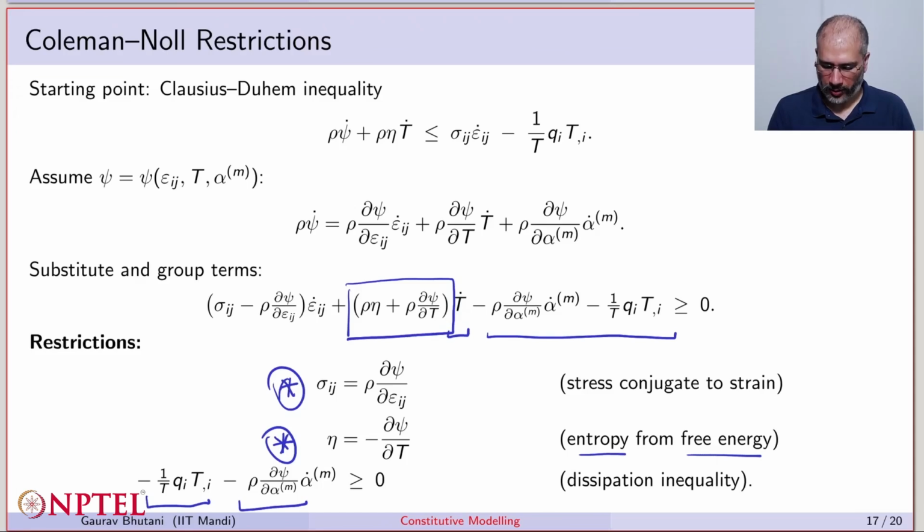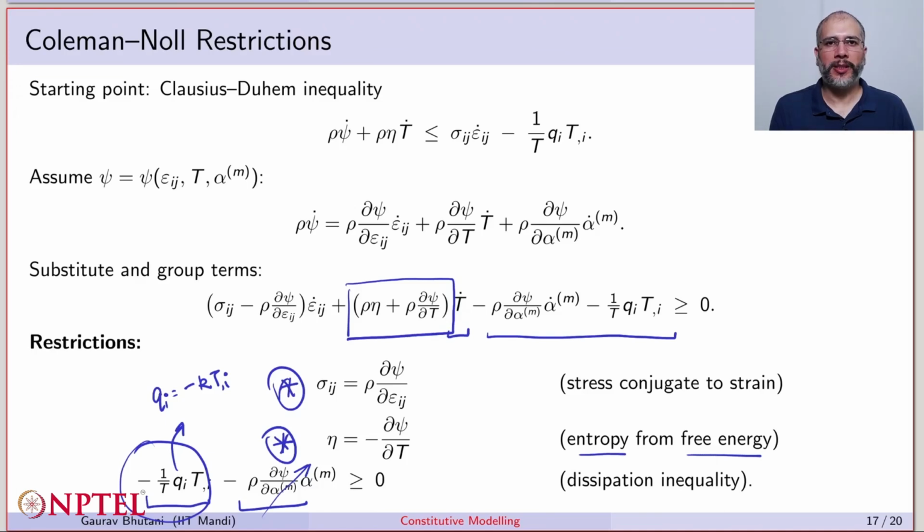So let's take a situation where this term is 0, because this term includes the effect of history. Let us say for the material, there's no effect of the history of straining or loading. So all the constitutive laws are instantaneous in nature. In that case, it's only this term. And if you recall your Fourier heat conduction law, where we write q_i as minus K gradient of temperature, that means our constitutive model for heat flux must be consistent with the Fourier type of laws for heat conduction.